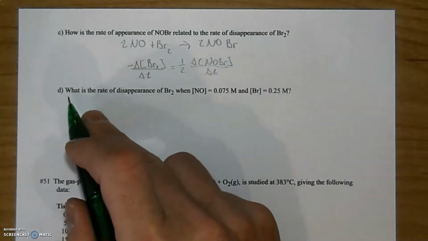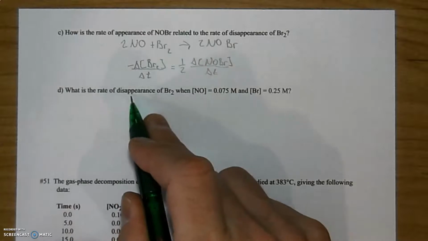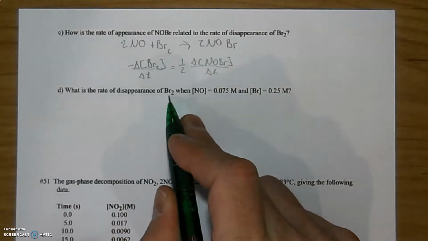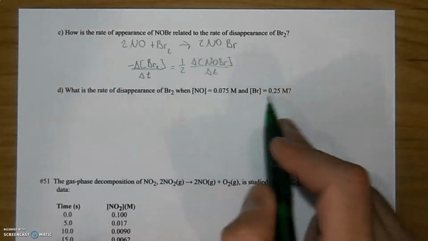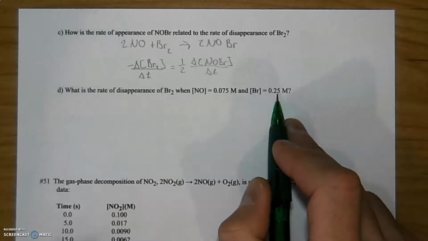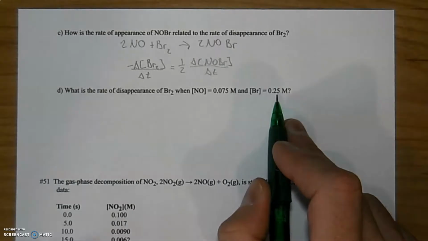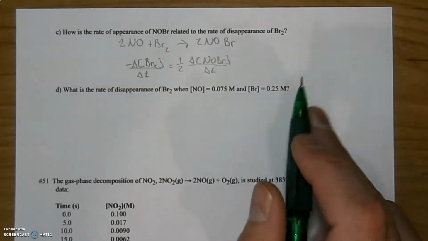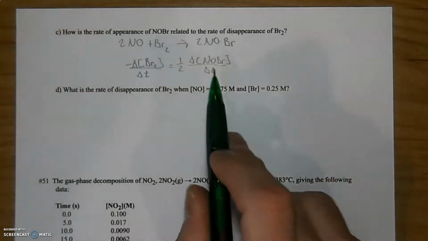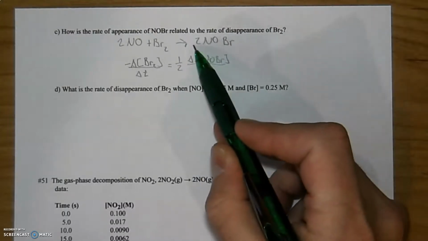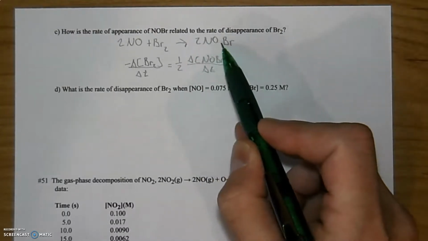Okay, now given that information, what is the rate of disappearance of Br2 when I have these concentrations? This is simply us going back to the previous problem, I think it was B, and just plugging in values for what we had in that problem, and then relating it based upon how it is normally perceived for NOBr.